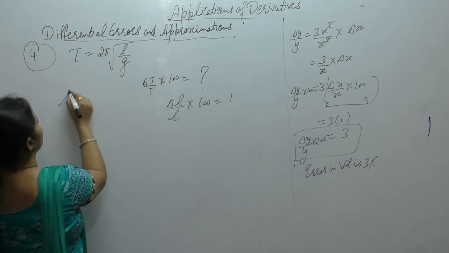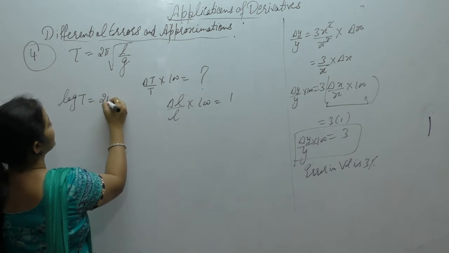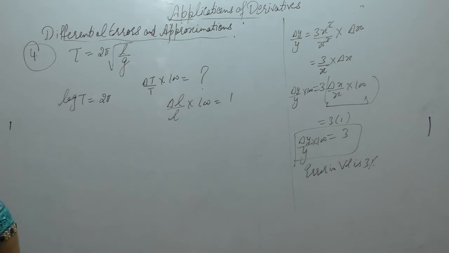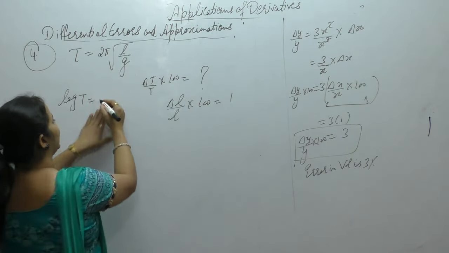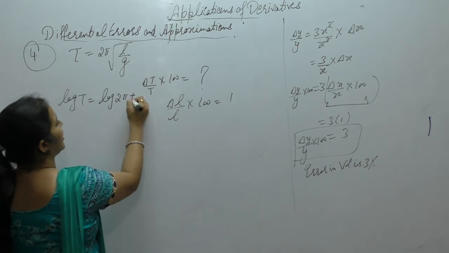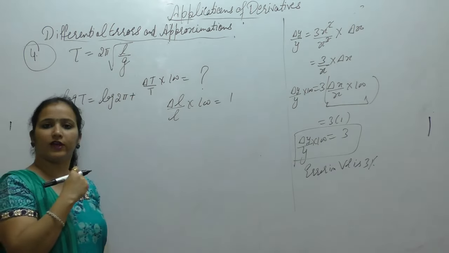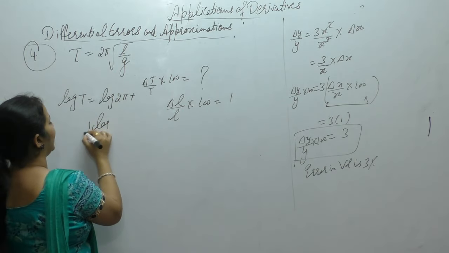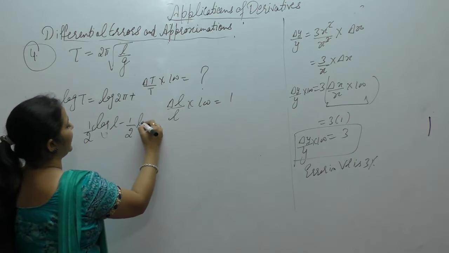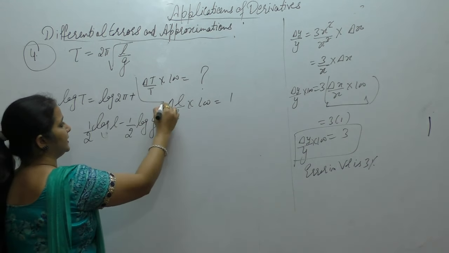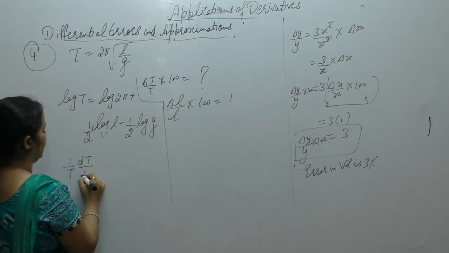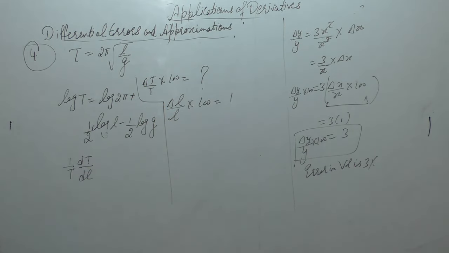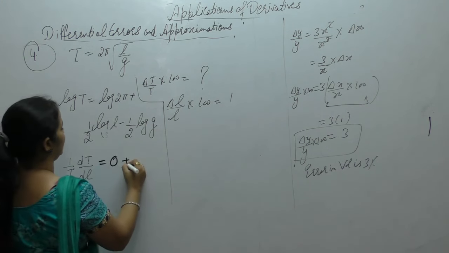Now we have given this, taking log on both sides to solve this. 2 pi is constant. Log of A into B we can write as log of A plus log of B. Here, log of A upon B. So log T is log 2 pi plus 1 by 2 log of L minus 1 by 2 log of G. Now differentiate log of T, 1 upon T, with respect to L. dt upon dl. 2 pi is constant.